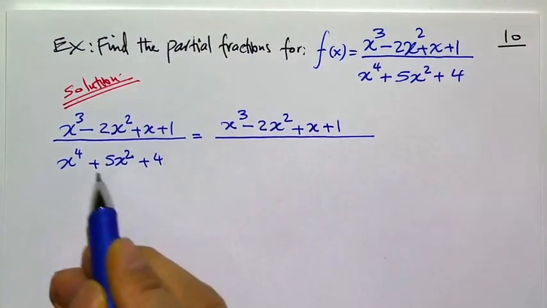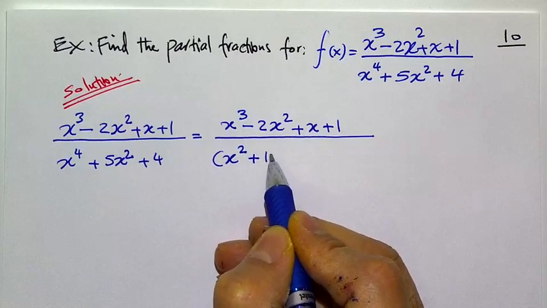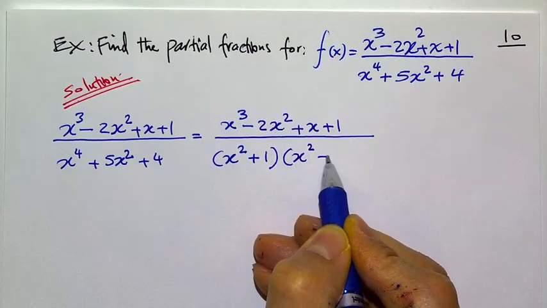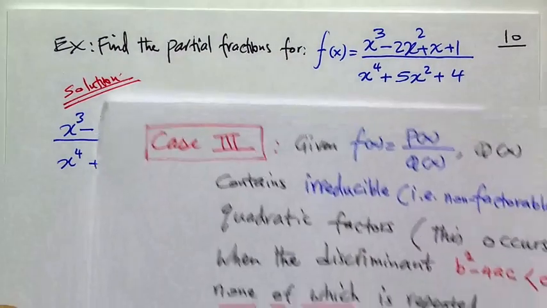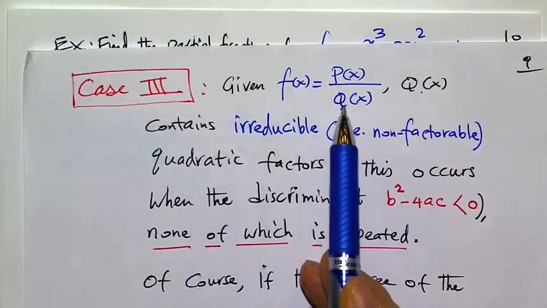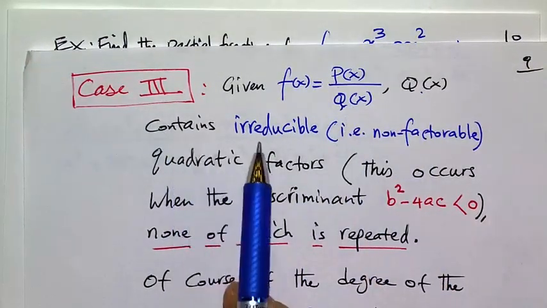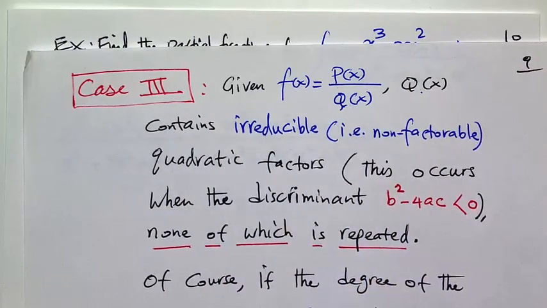So we want to factor this. So the factors are x squared plus 1 times x squared plus 4. So notice in that description, we said that case 3 is when q of x, or the denominator, contains irreducible or non-factorable quadratic factors.